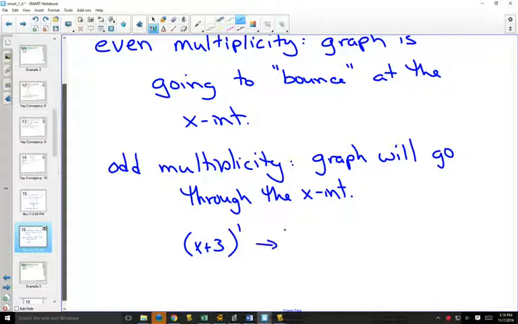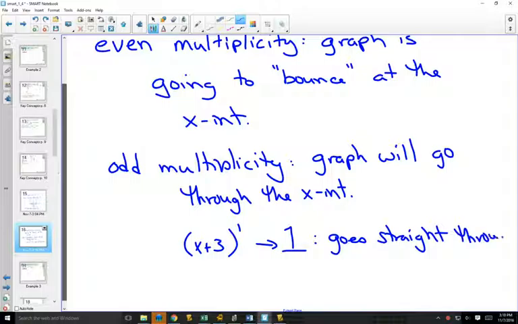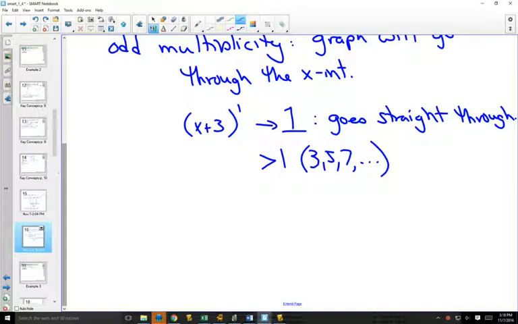So if the multiplicity is 1, it just goes straight through. If the multiplicity is bigger than 1 and still odd, in other words, 3, 5, or 7, and so on, in those cases, it goes straight through. Well, I won't say straight through. I'm going to say that it bends.